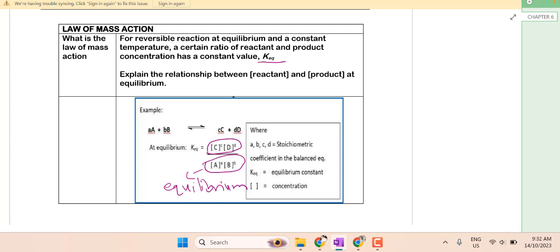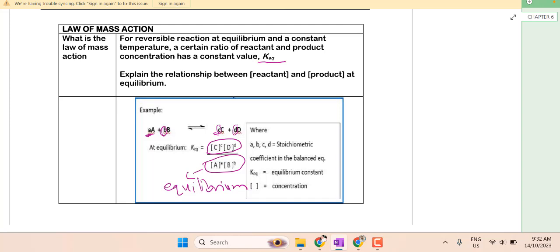Then we need to take note of the stoichiometric coefficient. So the concentration of C to the power of its coefficient here, and the concentration of D to the power of its coefficient here. The same goes for the reactant: over the concentration of reactant to the power of the stoichiometric coefficient, and then the concentration of B to the power of its coefficient.